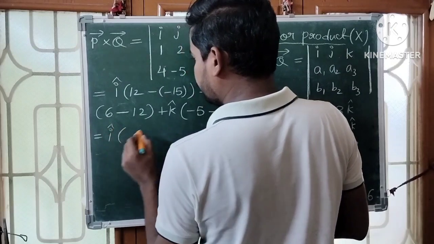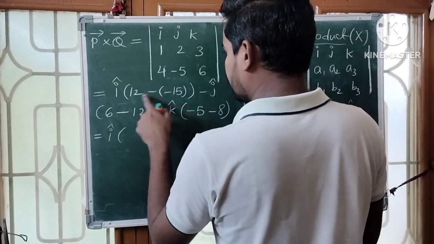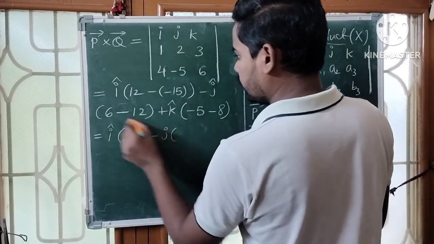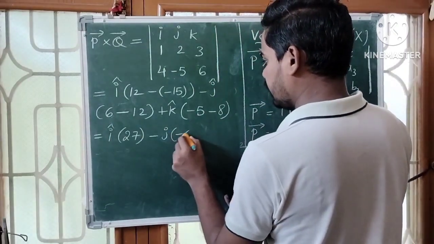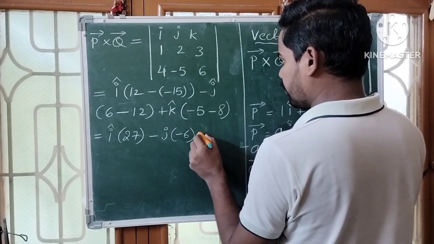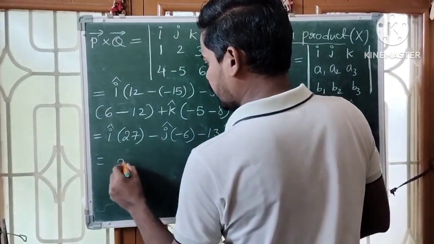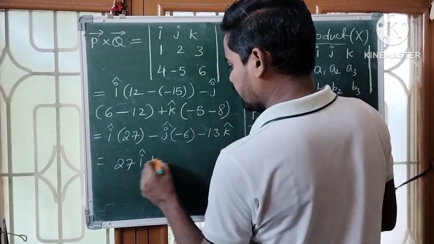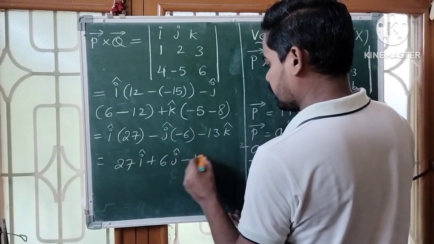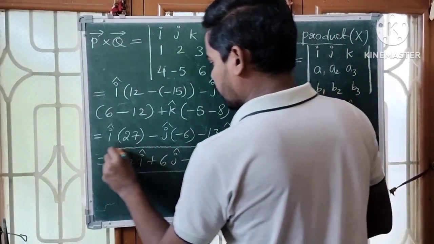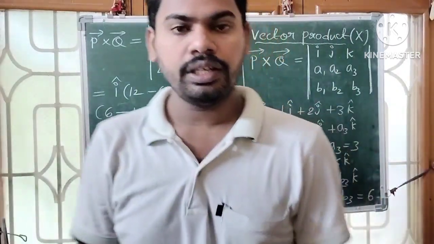So i cap into 12 plus 15, 27, minus j into 6 minus 12, minus 6, minus 8 minus 5, minus 13 k cap. So you will get 27 i cap plus 6j cap minus 13 k cap. Okay, so this is cross product of vectors P and Q.